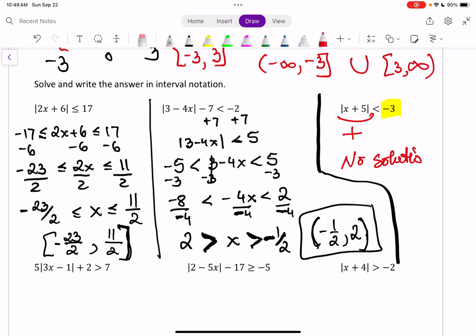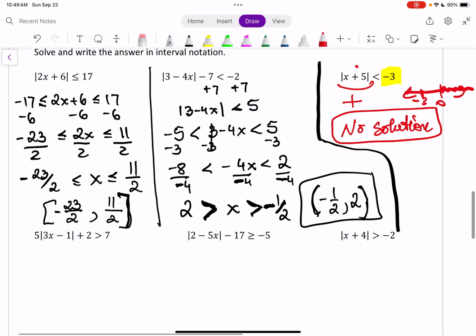It doesn't matter what you're going to plug in here for x. The absolute value of that will be something positive, and no positive number is less than negative 3. All positive numbers are to the right of negative 3, so that's not possible. Right? And we're done. So be very mindful of negatives across from your absolute value.